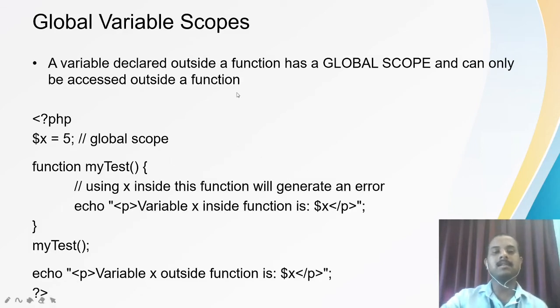Global variable scope is completely opposite of local variable scope. A variable declared outside the function has global scope and can only be accessed outside the function. See here, I have the PHP code. I have declared $x is equal to 5 and I have the function here.